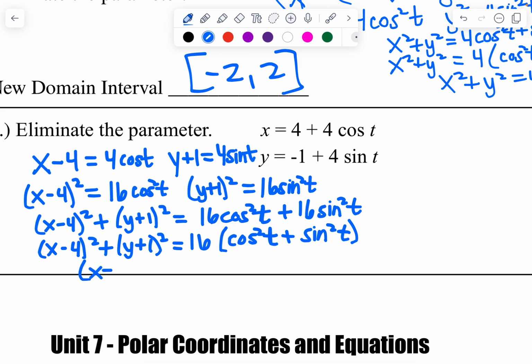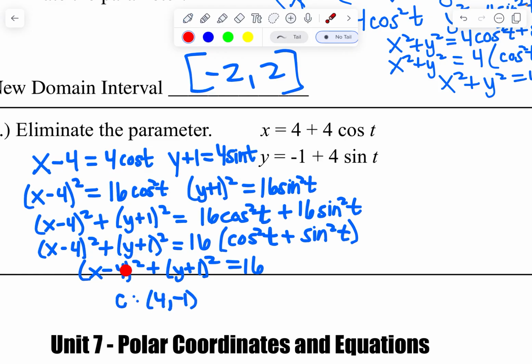So what we really have is the equation of our circle, x minus 4 quantity squared plus y plus 1 quantity squared equals 16. Now remember, that would be a circle with a center at 4, -1, because it's always opposite signs, so positive 4, -1, and the radius would be 4, the square root of this constant.